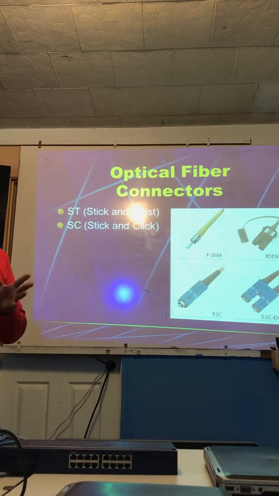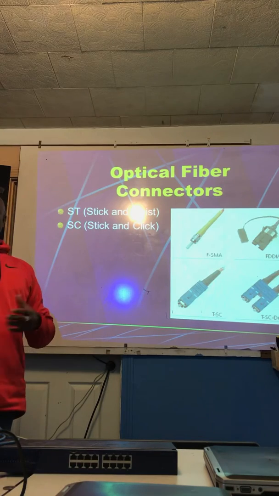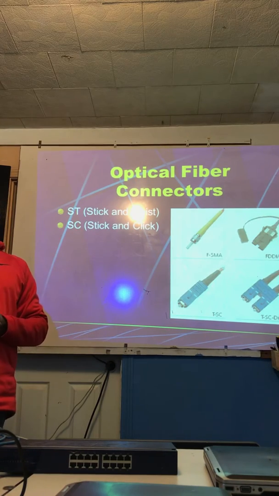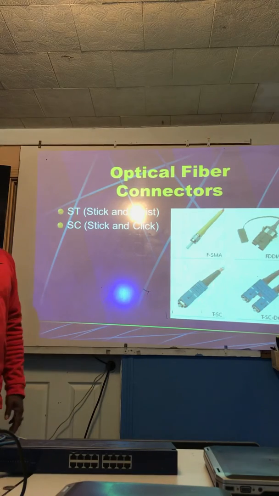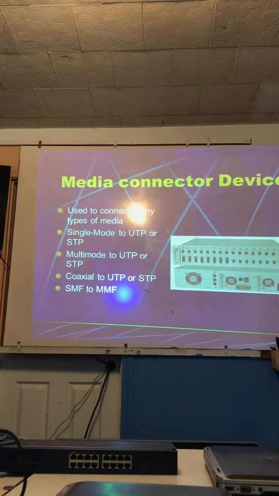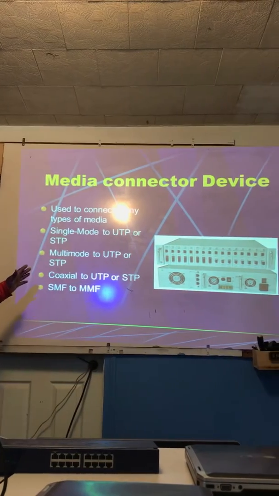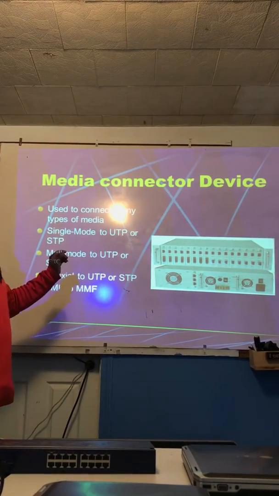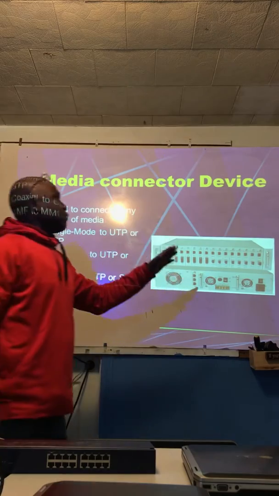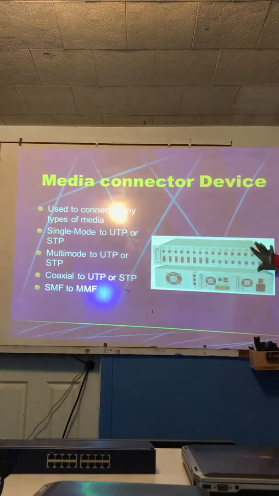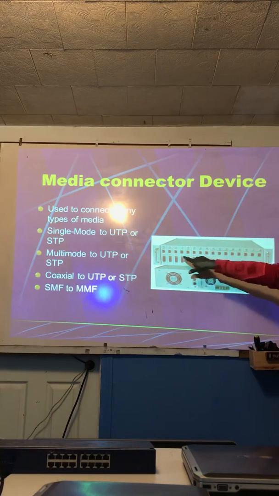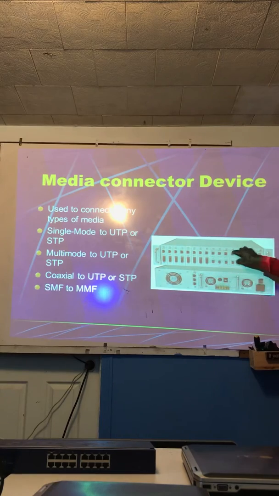So if you're going to have a network in a place where they have flammable material, it is recommended that you use fiber optic. Now, when you use fiber optic, it doesn't mean that the fiber optic is going to run all over the place. The fiber optic will come to this unit, and this is where you're going to connect all the RJ45 cables.